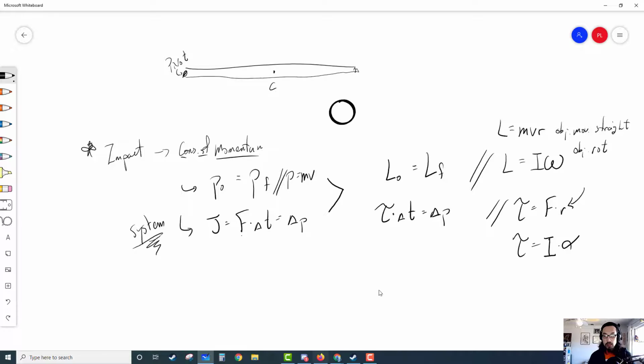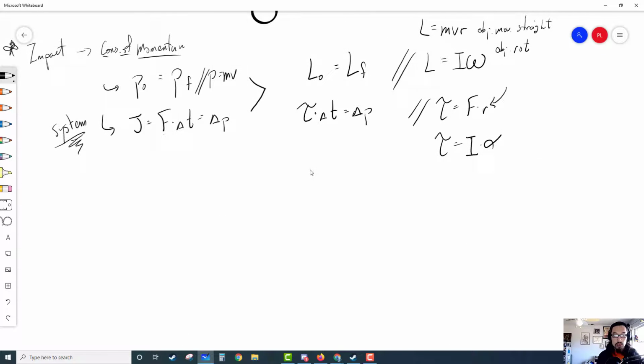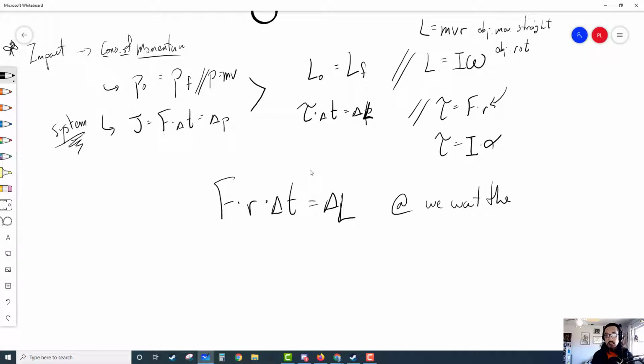So what I'm going to do is rewrite the impulse equation so that we can actually answer this problem. So F times R times T is equal to, oh, that should be delta L, excuse me, not delta P, delta L. So if we take a look at this, the question for A asks, we want the greatest, I guess it was rotational velocity, omega.